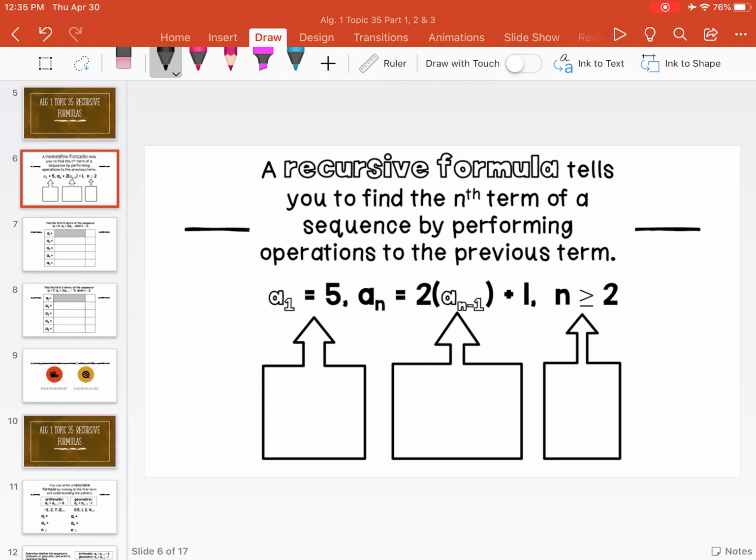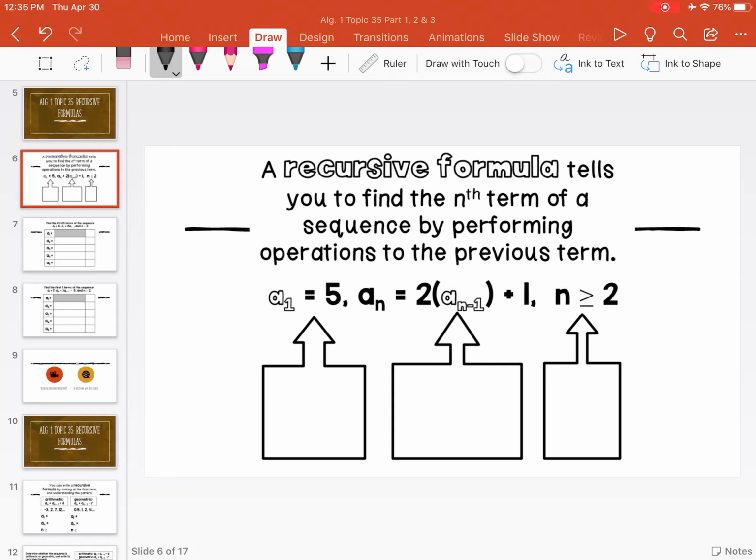However, in a recursive formula, in order to find the nth term of a sequence, you need to know the previous term. For example, say I have a sequence and I want to figure out what would be the 20th term in that sequence. In order to figure out what the 20th term would be, I would need to know the 19th term. So recursive formulas, everything builds off of the previous term.